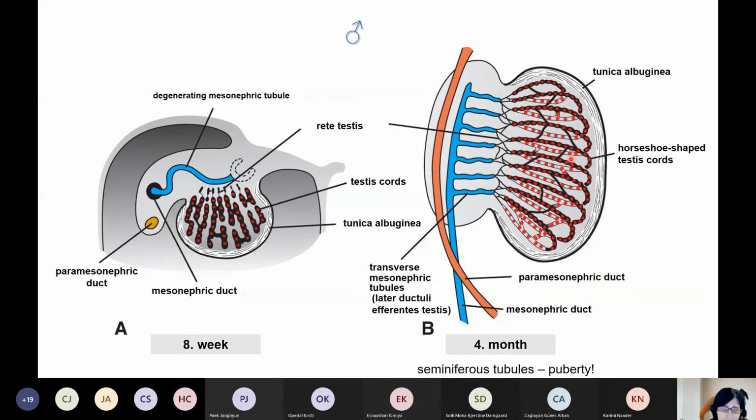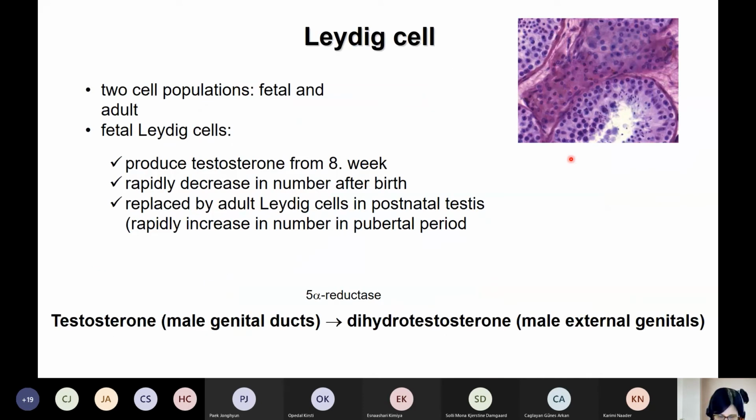These Leydig cells show two different cell populations during life, and these are the fetal and the adult Leydig cells. Of course, in the developing fetal testis, we have the fetal Leydig cells. These fetal Leydig cells are able to produce testosterone already from the 8th week of the intrauterine development.